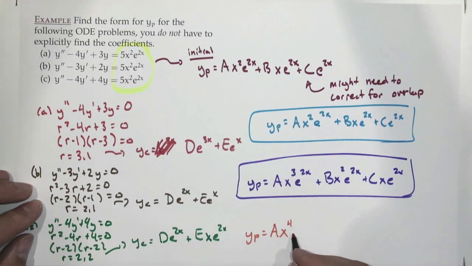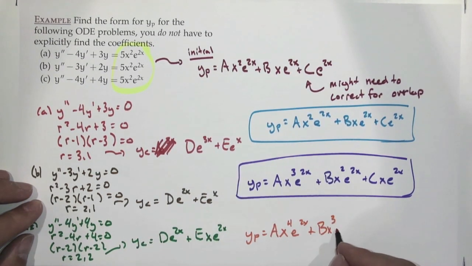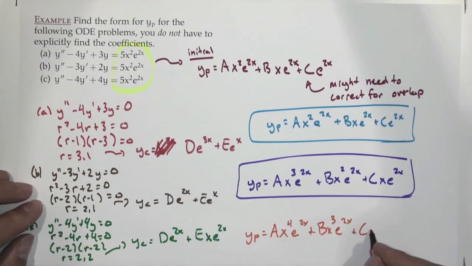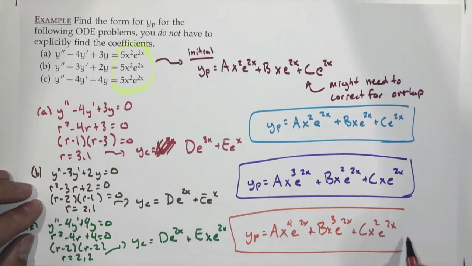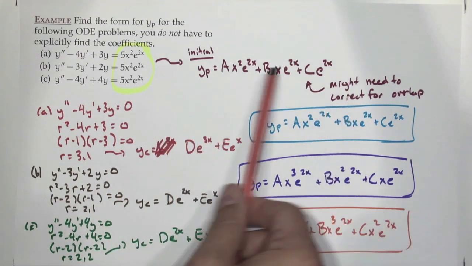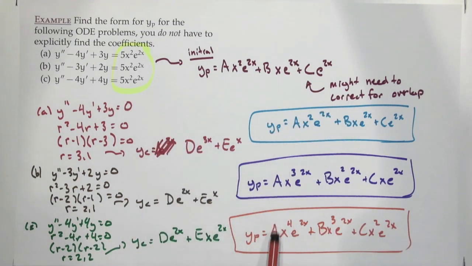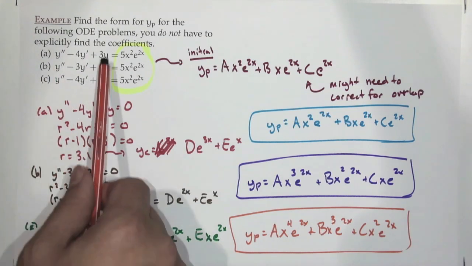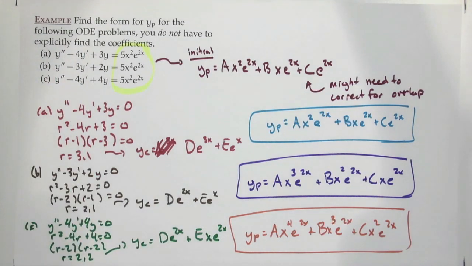So Ax to the 4th e to the 2x, Bx cubed e to the 2x, Cx squared e to the 2x. So this is just a reminder, you have your initial guess, but be careful, it depends on what's happening with your original differential equation.